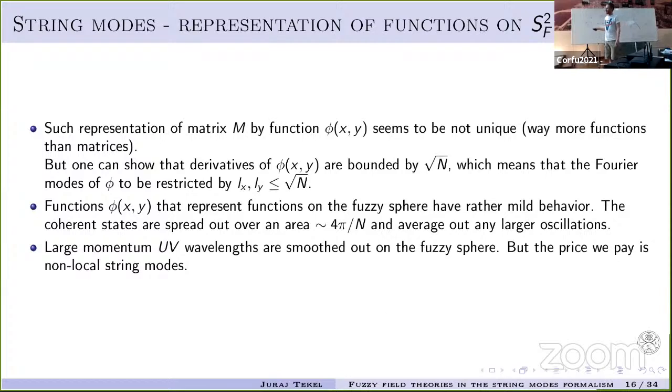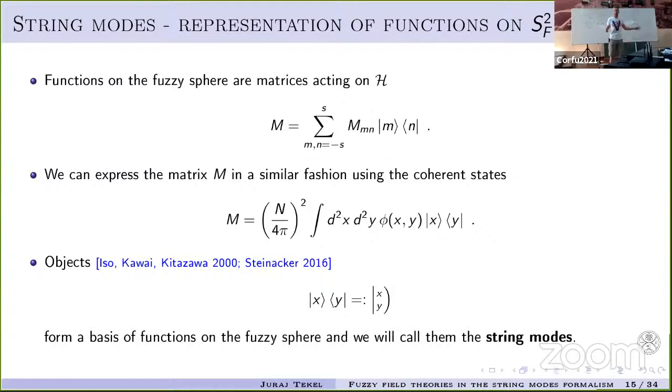But actually, you can show that anything that happens in the function φ that changes faster than a Fourier mode with momentum square root of n gets washed out. Any modes of φ(x,y) greater than square root of n simply do not contribute to the matrix.